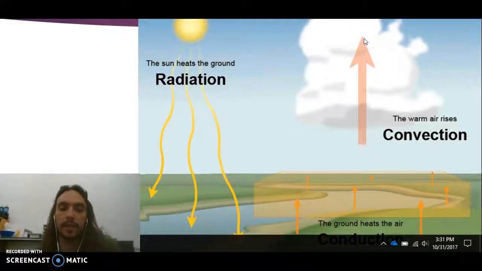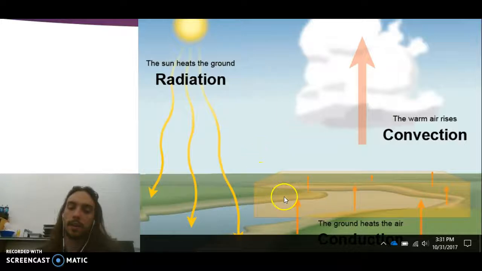When you're more hot, you're less dense. And so that warm air is going to rise. It's going to hit a place that is a little more dense over here, and it's going to get pushed over due to this convection current. And as it gets pushed over, it's going to meet more cold, dense air. It's going to fall back down, and it's going to replay that cycle all over. And that's a convection current.